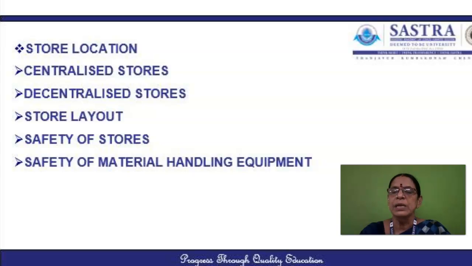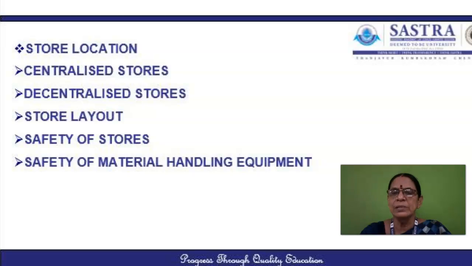And once again, heavy and bulky items will be nearby the gate or nearby the point of use or nearby the gangways. The oil, grease and other items will be in a separate store. It should not be mixed with the other stores. And once again, inflammable and dangerous items must be in a fireproof place and it must be an isolated place with fire extinguishers.